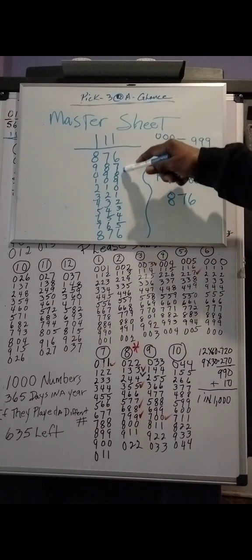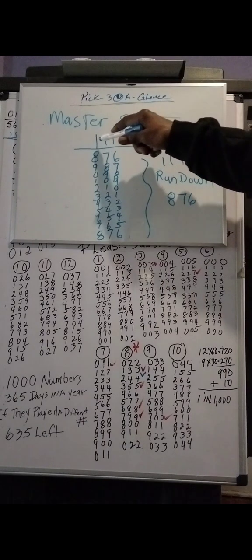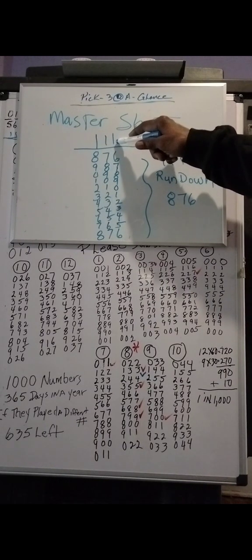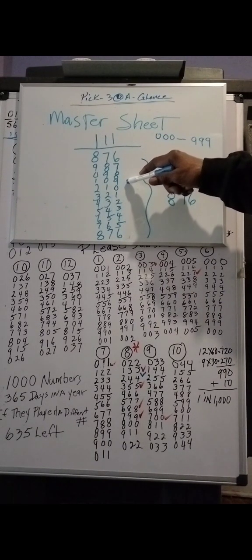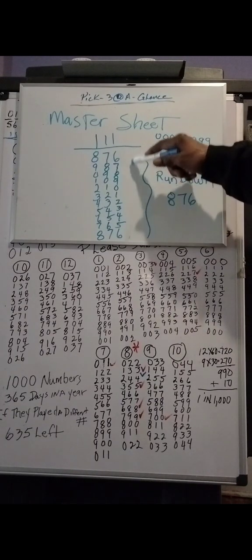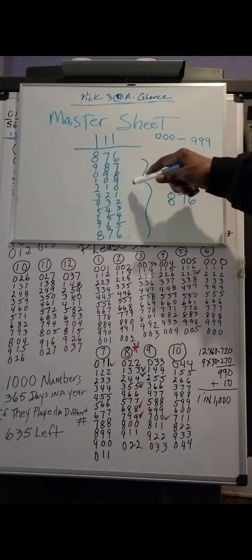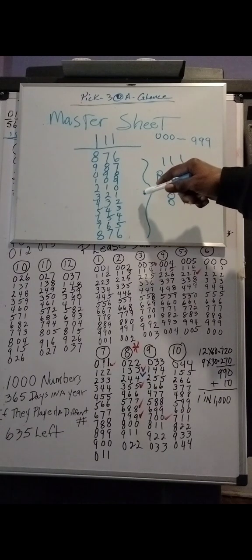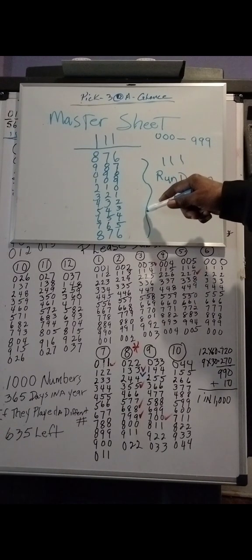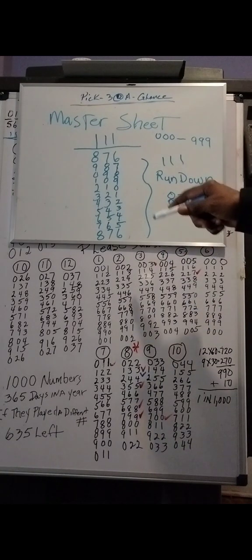So how this works on the master sheet, like I said, the 1-1 rundown is a strategy. Rundowns are called strategies used to try to figure out what number possibly could come in the next day, and also lessen the pool of numbers you have to play.